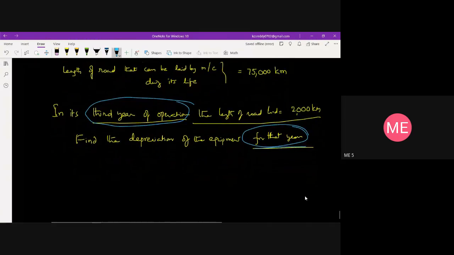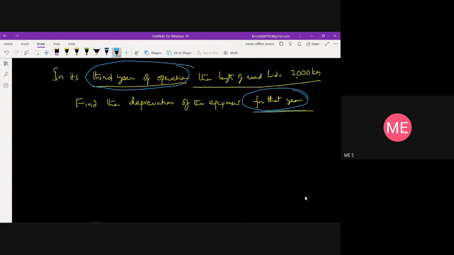Based on the data given, the initial cost is 80 lakhs rupees, the salvage value is rupees 50,000 at the end of 5 years, the maximum capacity of the machine is 75,000 kilometers, and the service rendered in the third year is only 2,000 kilometers.